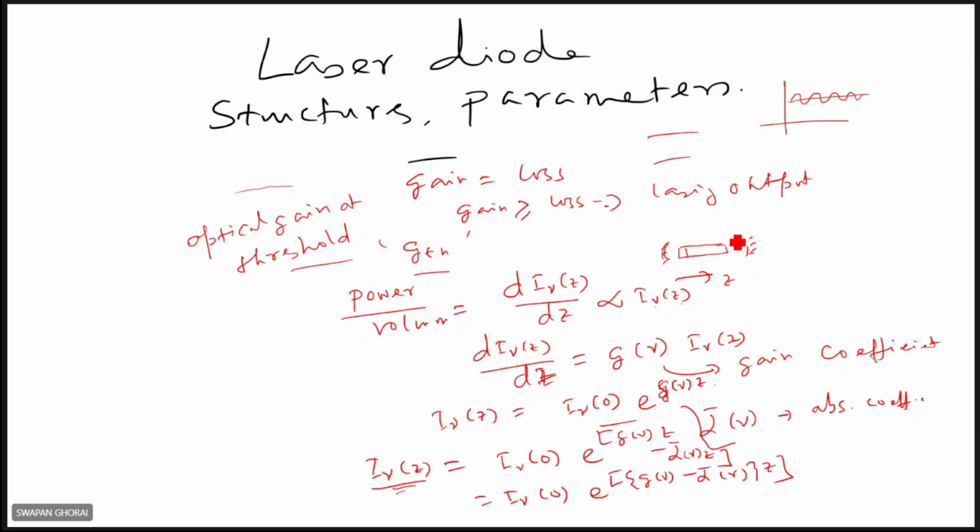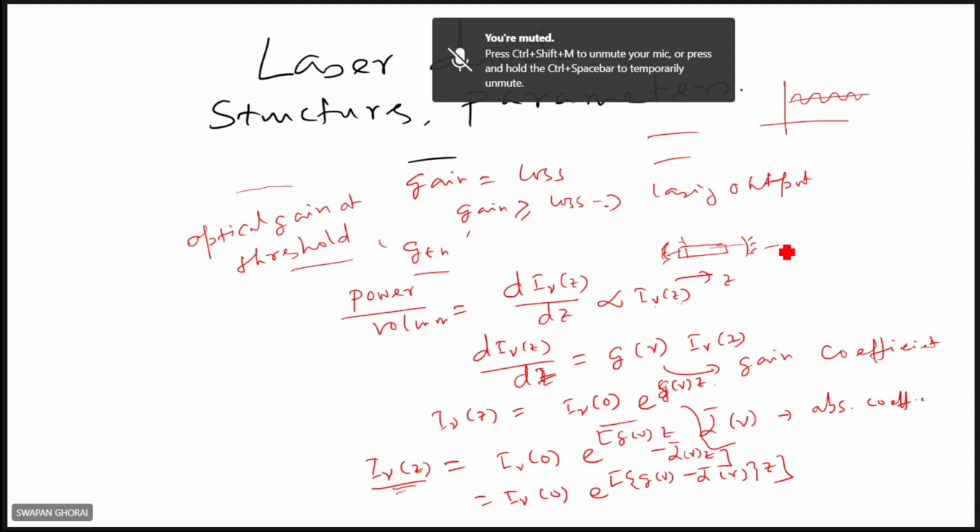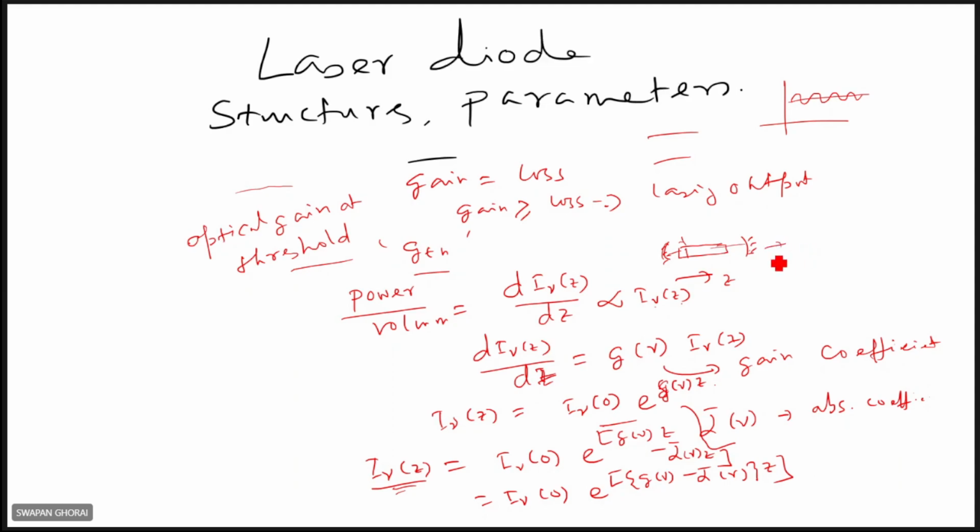Light is produced in a laser device within a resonator, where optical feedback is there. A resonator means it's an oscillator, because positive feedback is there. Whenever light is emitted, it will be reflected back and forth, and a portion of the light is transmitted. That is the lasing output.